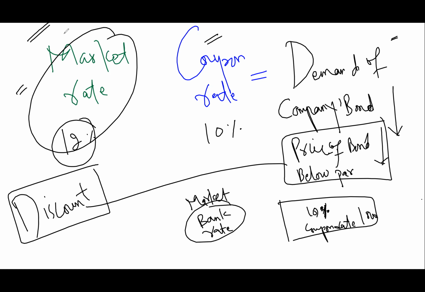So demand for the market rate is going to increase, demand for the coupon rate is going to decrease, right? Because it is giving you a low return. In that case, the price of the coupon rate instrument, which is the company's bond, decreases. When demand decreases, it means price also decreases. Right, guys?